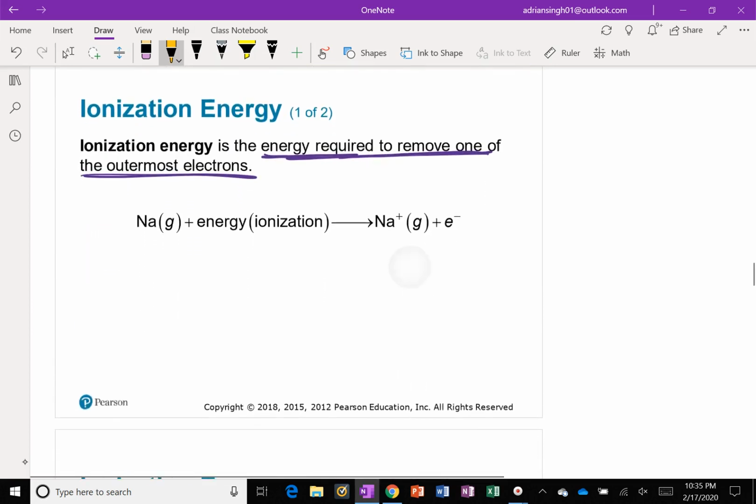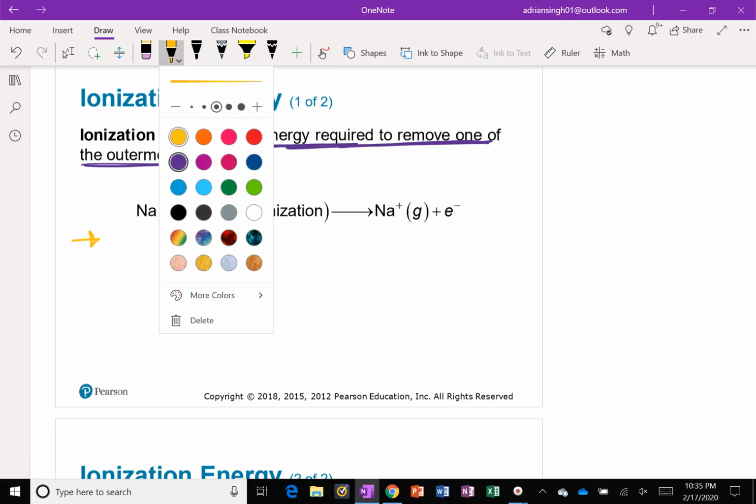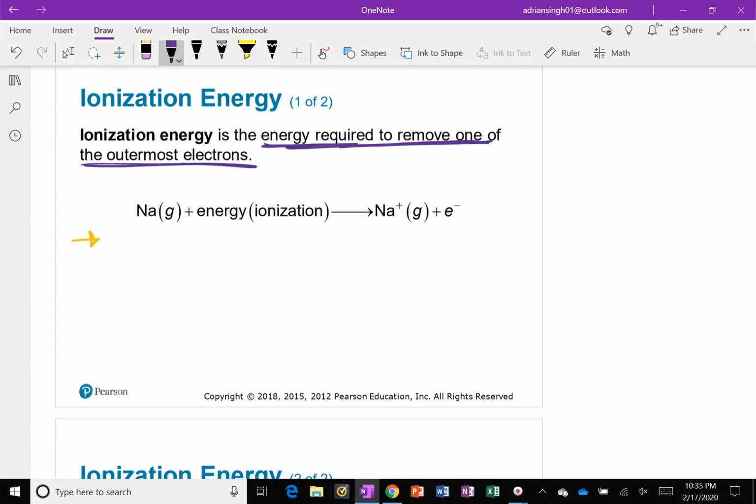The next trend we'll take a look at is the trend in ionization energy, which is the energy needed to remove one of the outermost electrons in a particular atom. So what this would mean then is if it's more difficult to remove an electron, it is going to take more energy.